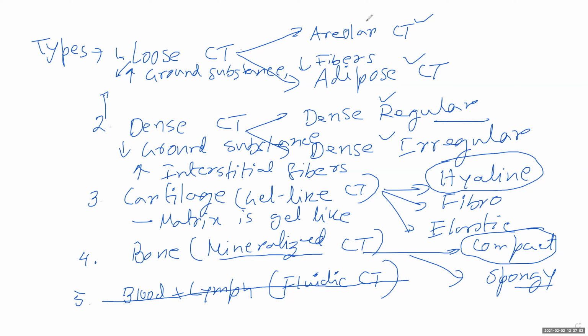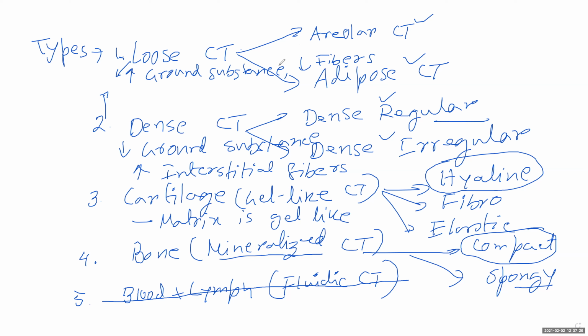So a quick recap: connective tissue is highly vascular. The cells are spaced apart. The intercellular space is filled with matrix, or interstitial matrix.